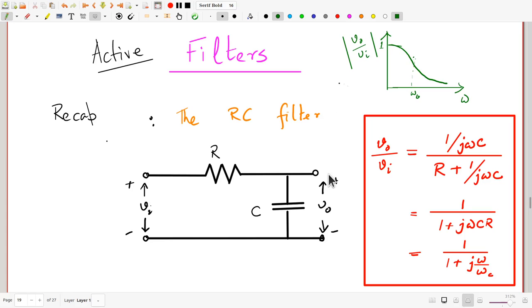So, the moment you begin to draw current from the filter, this behavior is going to get compromised a bit. Now, for many purposes, as long as you're using a huge load impedance and a sufficiently small source impedance so that the R here, which contributes to omega C, is not substantially affected, this circuit works fine.